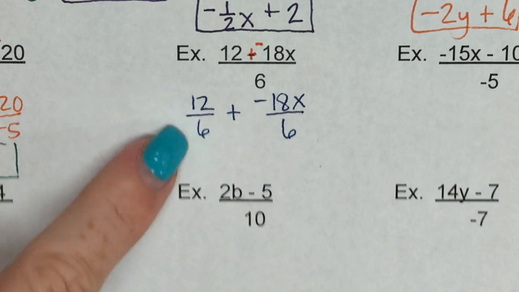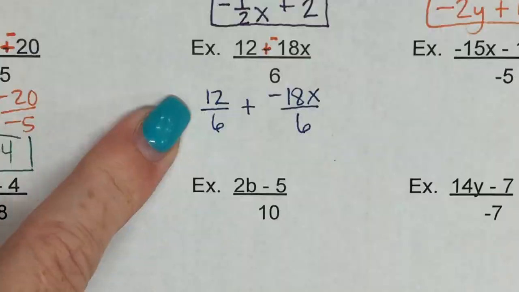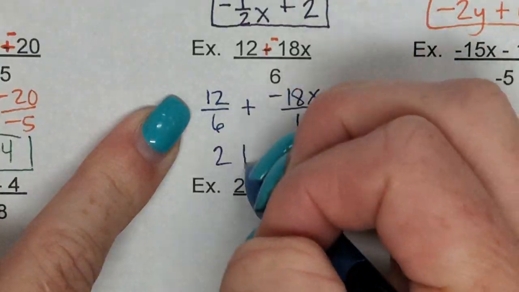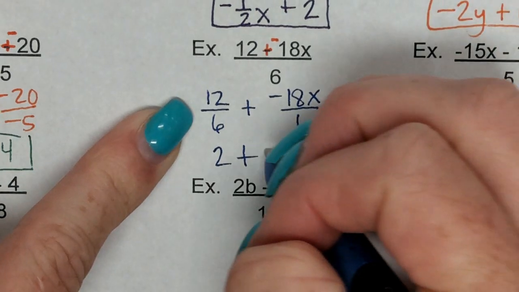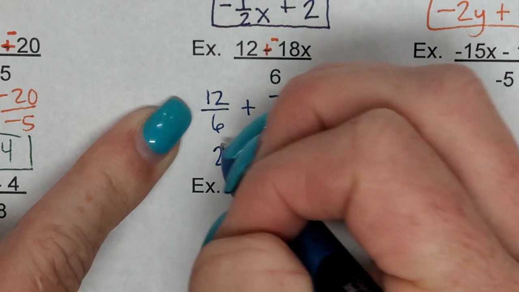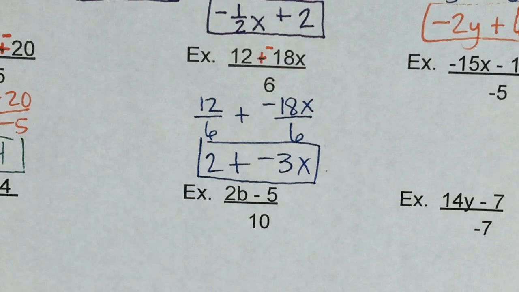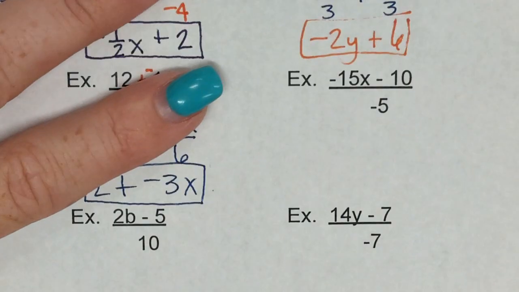Like 12 over 6 simplifies to a whole number, 2. So you're going to leave it as a whole number. And negative 18 over 6 also simplifies to a whole number, negative 3x. But if it happens to be a fraction like 1/2, I don't want you to put it as a decimal. I want it as a fraction. Okay? All right, let's try this one.